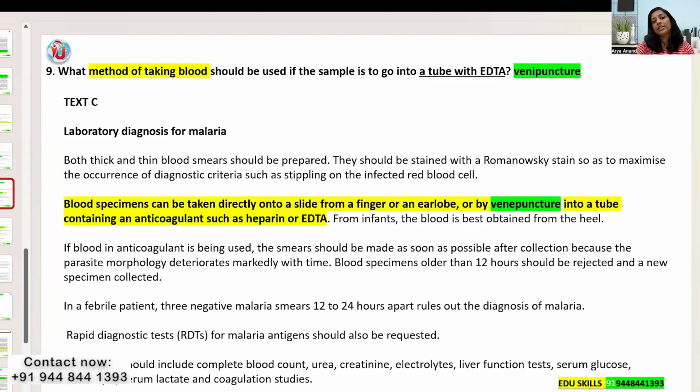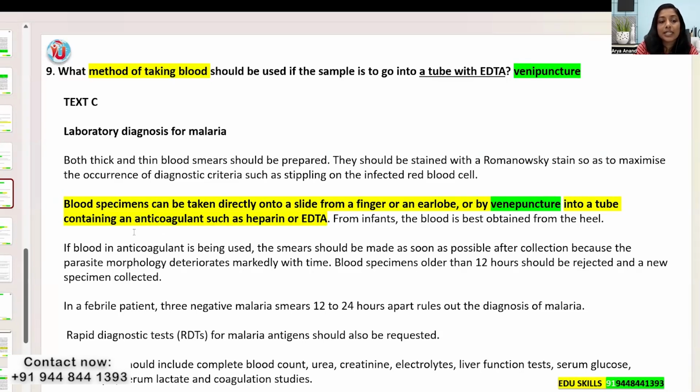What method of taking blood should be used if the sample is to go into a tube with EDTA? So, method of taking blood. From which text is it? It's C, because for the laboratory diagnosis we will take the blood samples, right? Then we need to find out what method. In text C you can see blood specimens can be taken directly onto a slide from a finger or an earlobe or by venipuncture into a tube containing an anticoagulant such as heparin or EDTA.